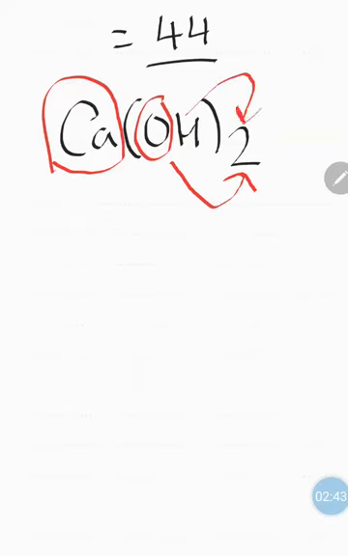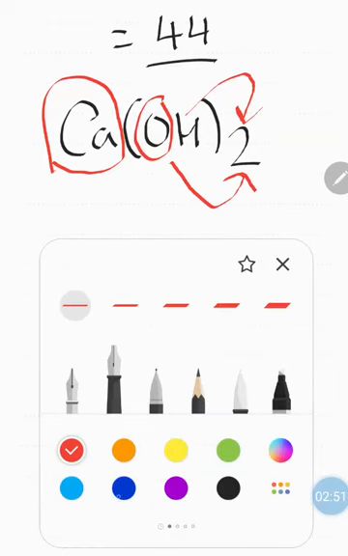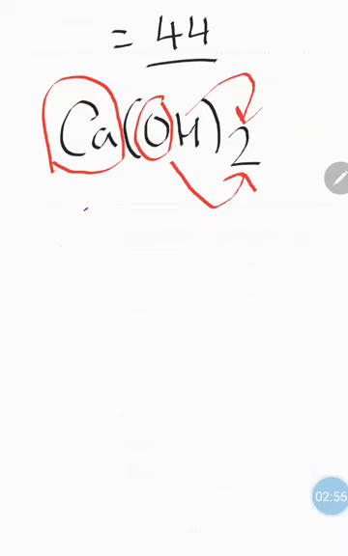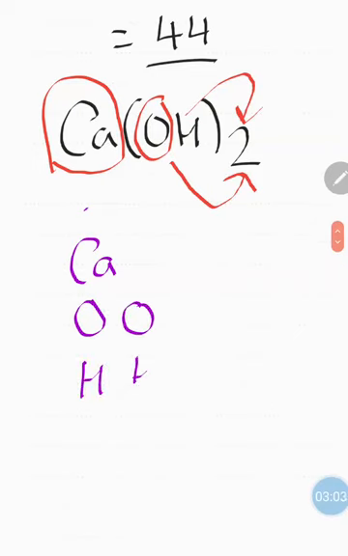So this is where the confusion sometimes arises as to what the number on the outside of the bracket means. Okay, so now there is 1 calcium, there are 2 oxygens, and there are 2 hydrogens.